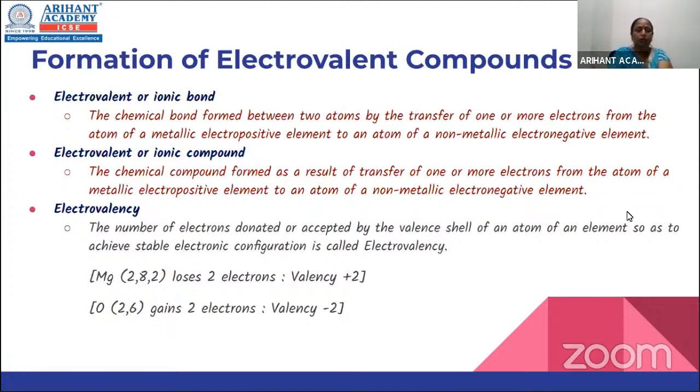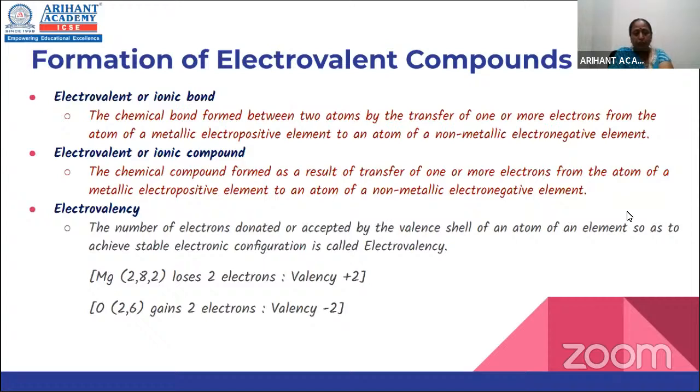Let us understand what exactly we mean by an electrovalent or ionic bond. It is a bond formed due to the transfer of one or more electrons from a metallic element which is electropositive to a non-metallic element which is electronegative. So when this ionic bond is forming, the compound formed by this method would be an electrovalent or ionic compound.